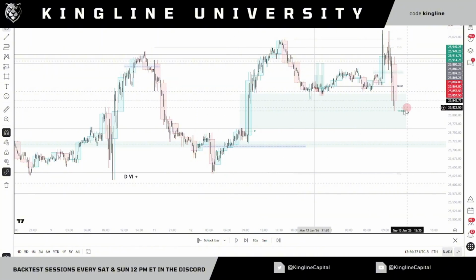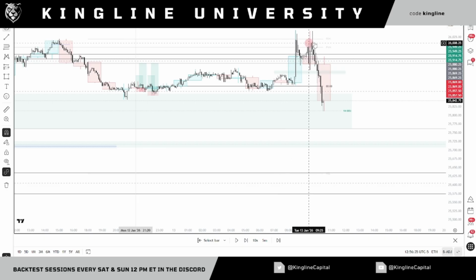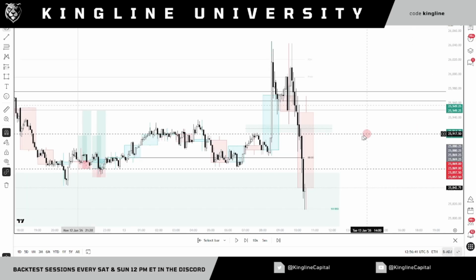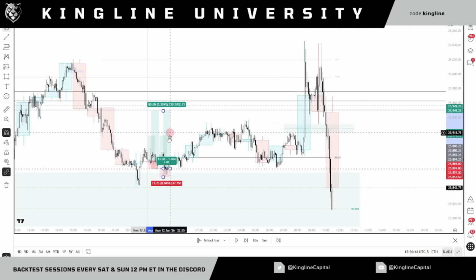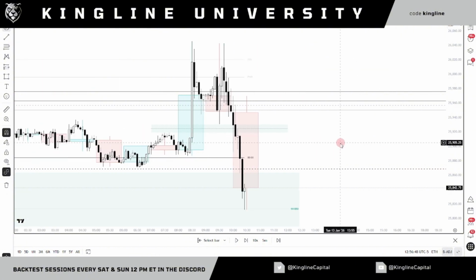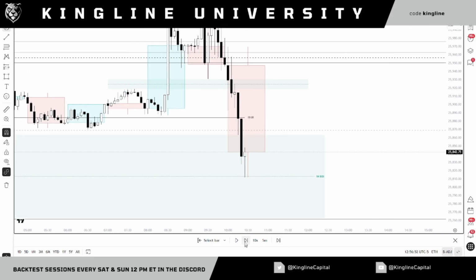So unless we lose this 1 hour fair value gap, I would be sticking with upside. Just keep that in mind. You're not always looking for a reversal off of highs and lows. I think a lot of us tend to be reversal traders naturally, but just keep in mind this is a stat against all statistics, not any particular model. This was provided to us by Cozy.